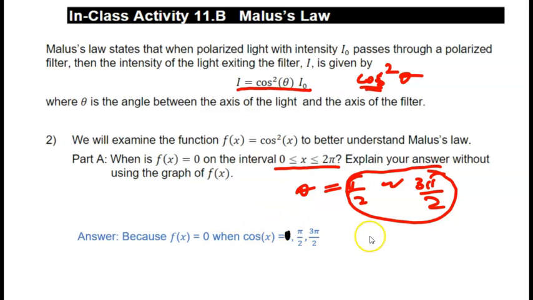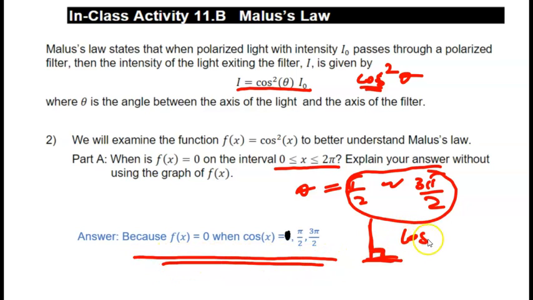And this means that the analyzer and polarizer must be at 90 degrees to each other for the minimum or the least intensity of light to be obtained. So when f of x is equal to 0, the angle should be equal to 90 degrees, pi on 2 or 3 pi on 2. And this gives us the least intensity of light exiting the filter. And that means that the analyzer and the polarizer are at 90 degrees to each other.